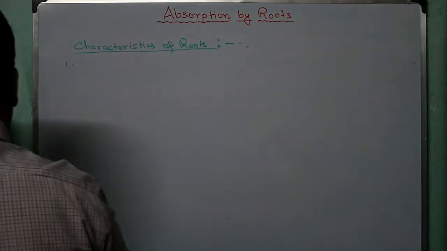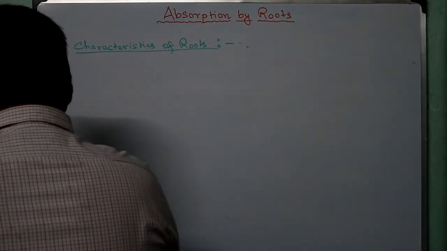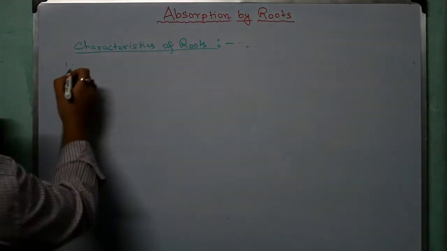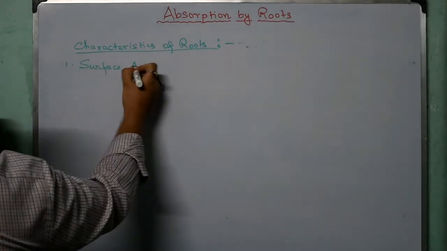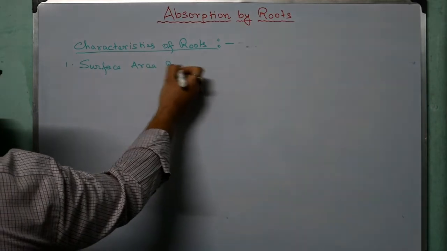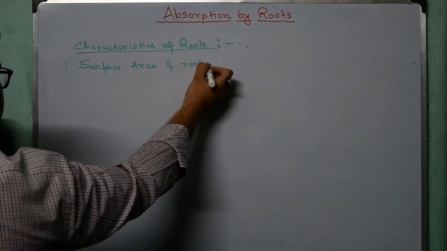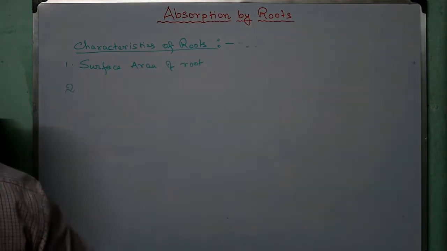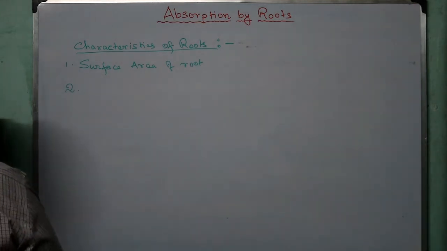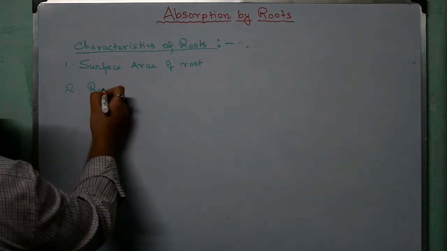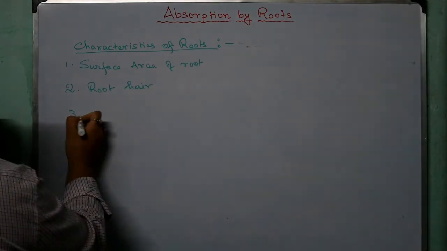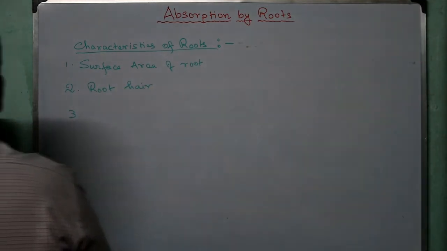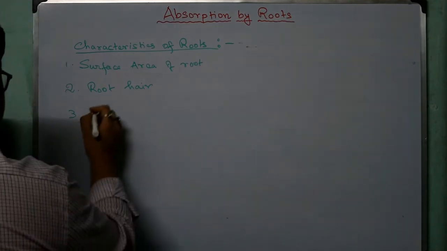The very first point would be that the surface area of the root is enormous. The second point would be root hair. And the third point is that root hairs have thin walls.